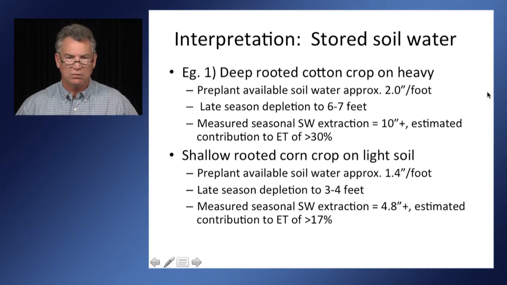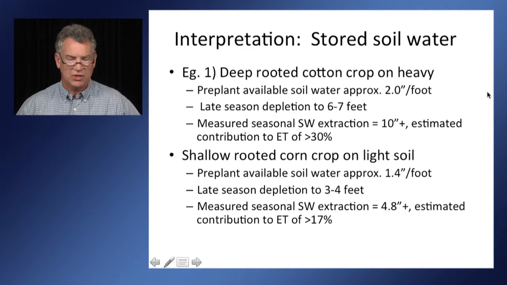If we recognize that this is a deep-rooted crop and that moisture is effectively removed from 6 to 7 foot depth, we can estimate that about 10 inches or more can be contributed from that soil from the beginning of the season to the end of the season, which accounts for approximately 30% of the water available to the crop.